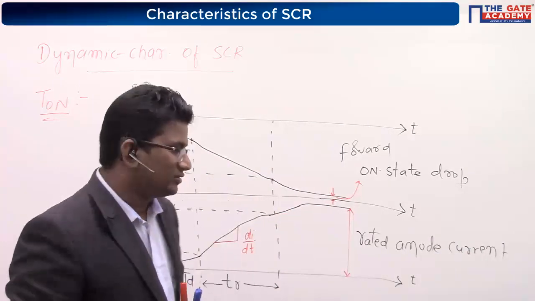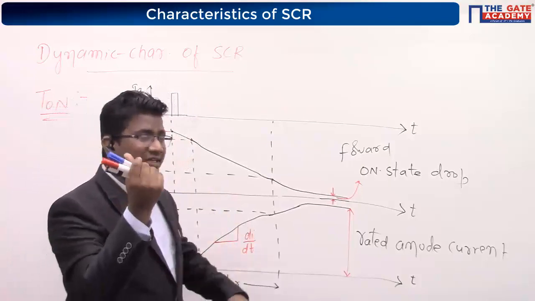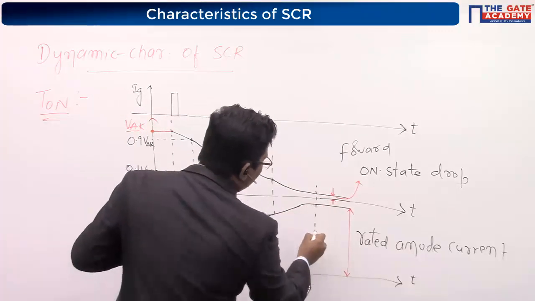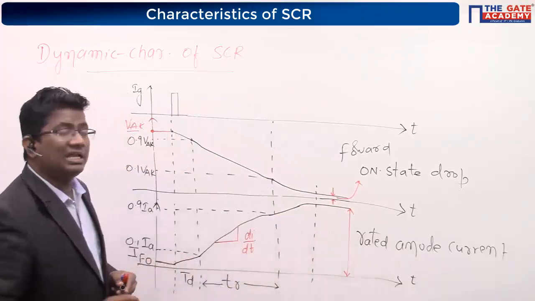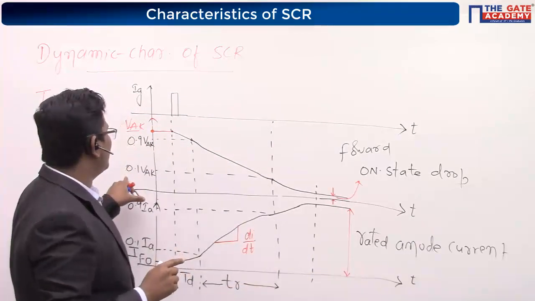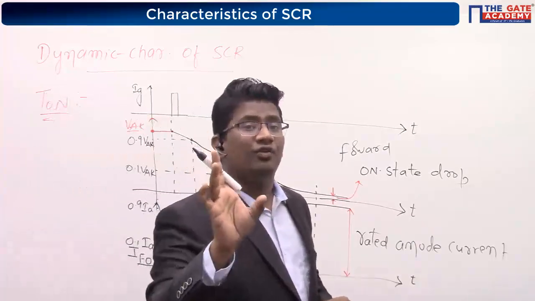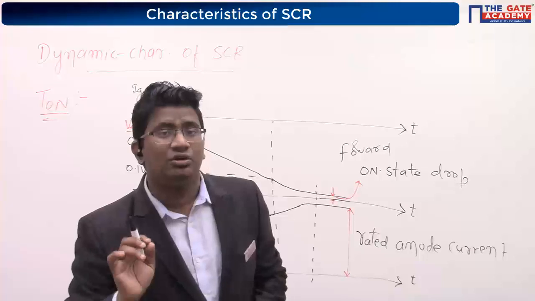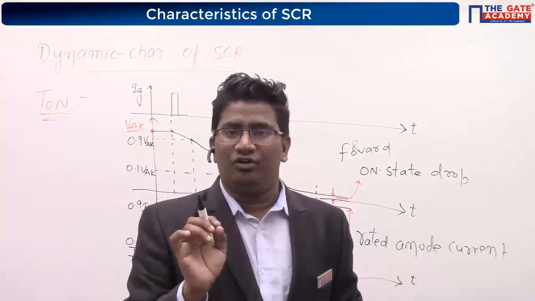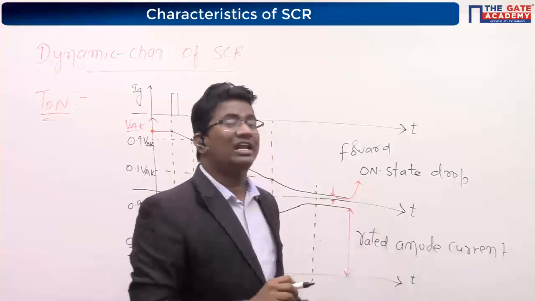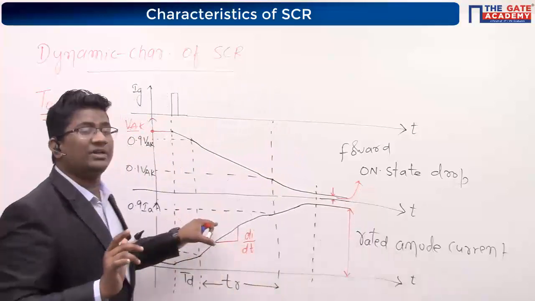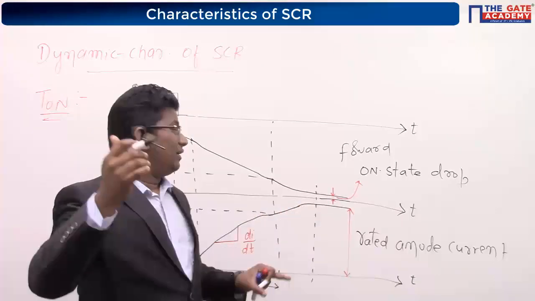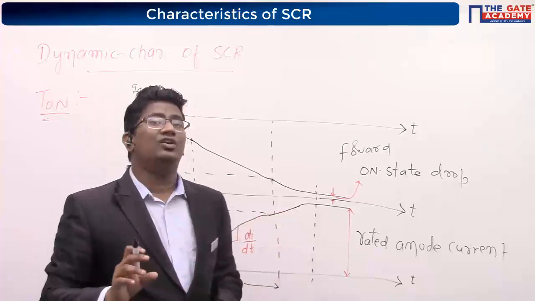Is this clear? Yes. Now here, the third statement is very, very important. The time taken for your anode voltage to go from 10% of the anode to cathode voltage to the forward on state drop, and as well as 90% of your rated current to full load current. 90% of your rated current to rated current.